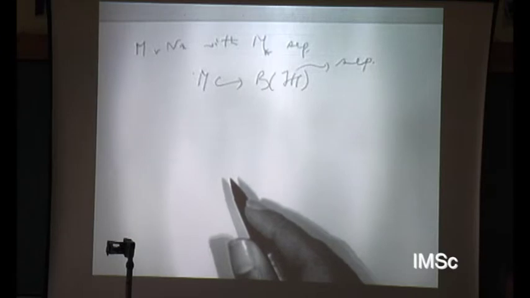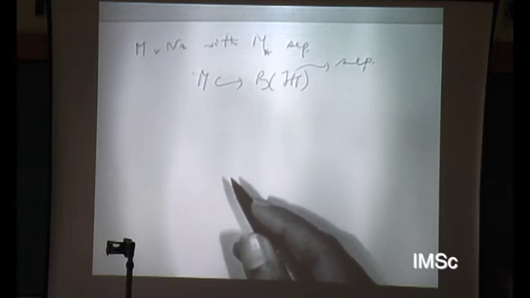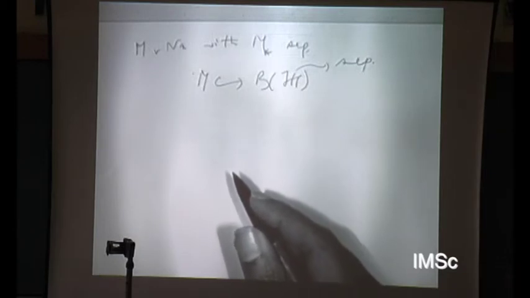But if M is finite dimensional, then upper star, lower star, everything is the same. M lower star is finite dimensional because its star is M, which is finite dimensional.